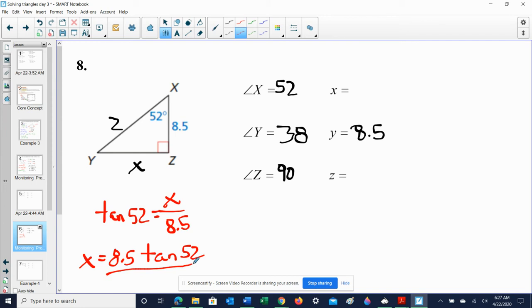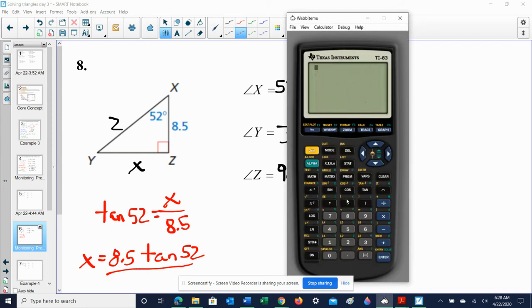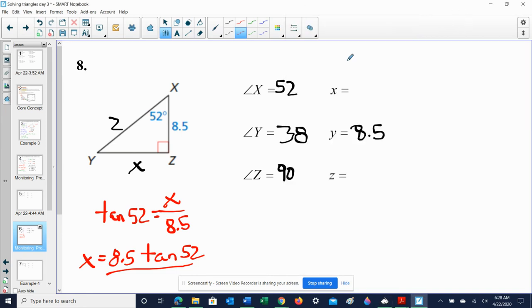That's just a number in the calculator. 8.5 tangent of 52. 10 point, round to the nearest tenth is 10.9. So x is 10.9.